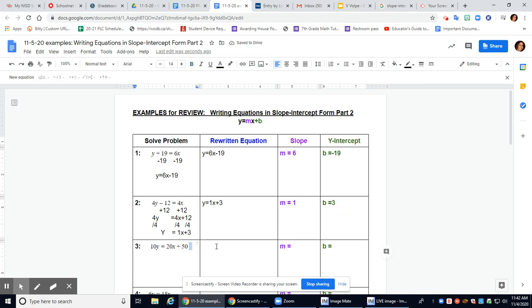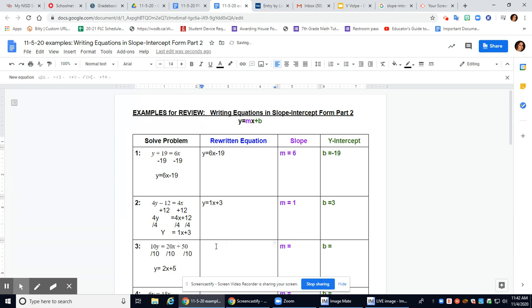Okay, now 10y equals 20x plus 50. We need the y by itself, and on the side of the equation that has the y, there's only the 10 that's getting multiplied. So that means we're just going to divide each term by 10, and when we do that, that will leave us with y equals 20 divided by 10 is 2, put the x back on, and 50 divided by 10 is positive 5.